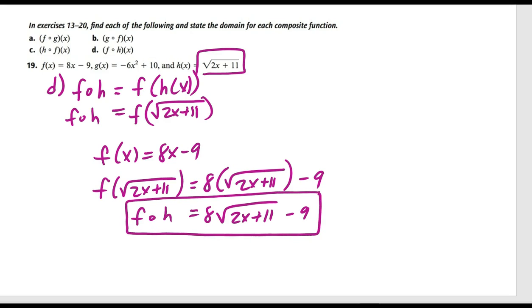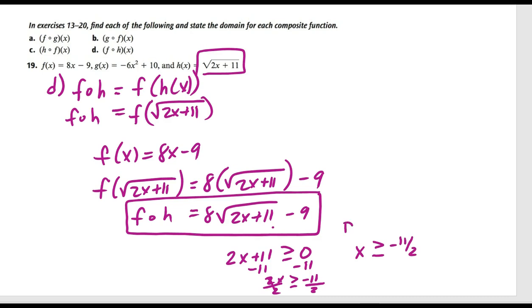Now the domain, we want to look at our composite function. We can see that in our composite function, we have a radical. So we want the radicand, that 2x plus 11, to be greater than or equal to 0. So let's just go ahead and solve for that. So we'll say that x has to be greater than or equal to negative 11 halves. That's going to be our domain for our composite function.